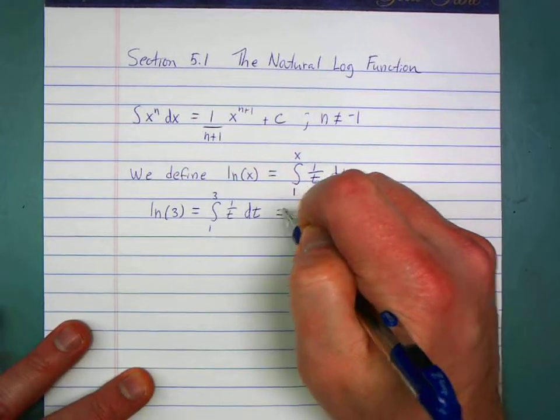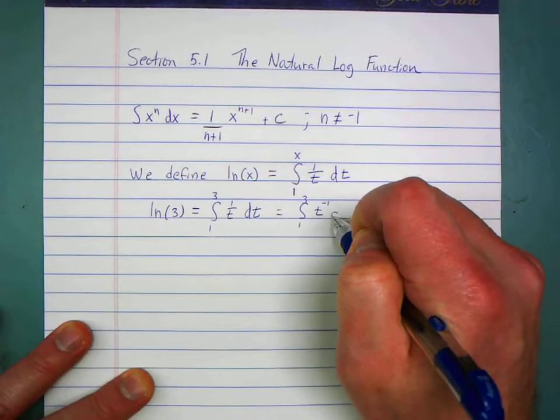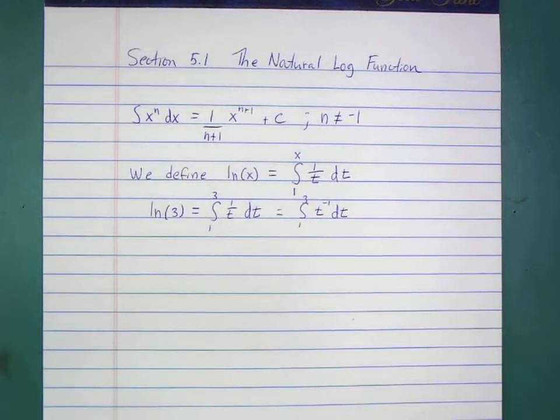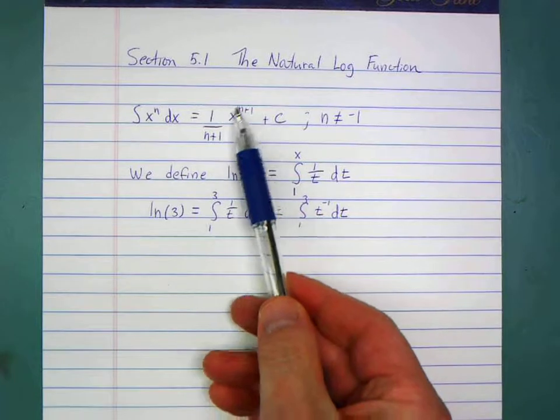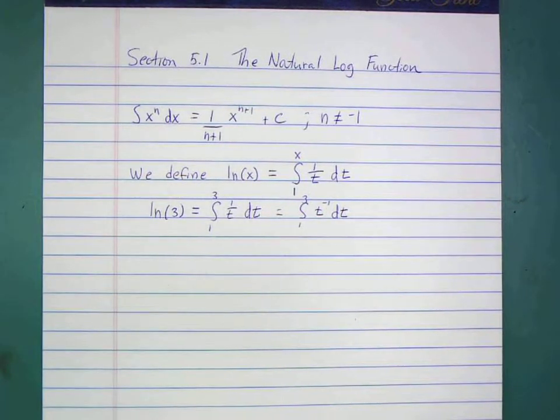This is the same as the integral from 1 to 3 of t to the -1 dt. So we can't use our power rule to evaluate this integral because we have a -1 power there. We can't add 1 to our power and divide by a new power. So how could we evaluate that integral? Or at least how could we approximate that integral?